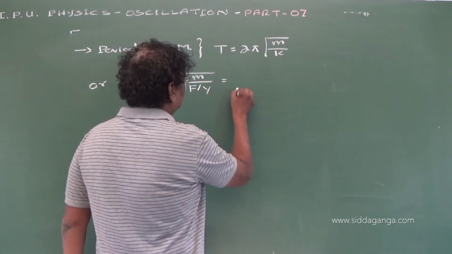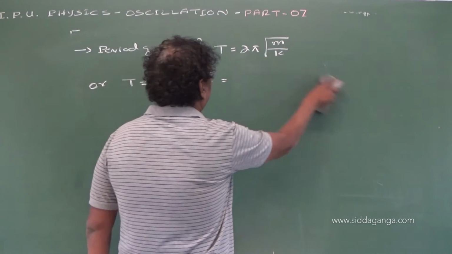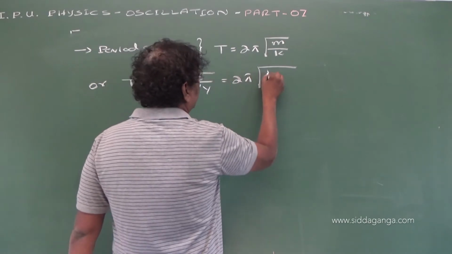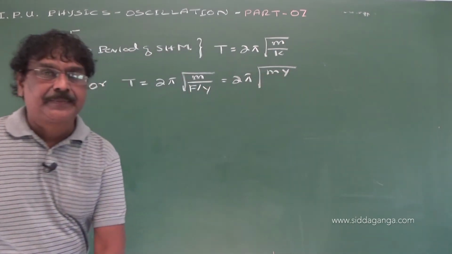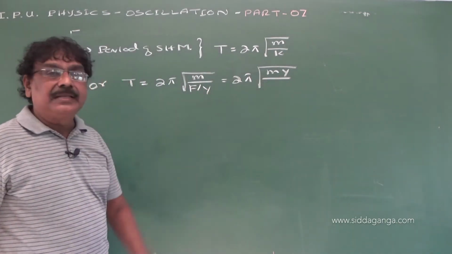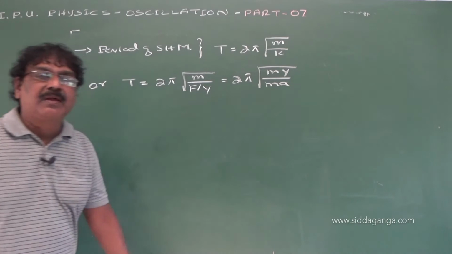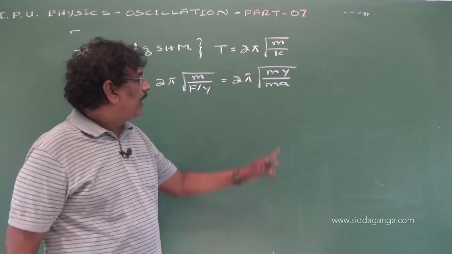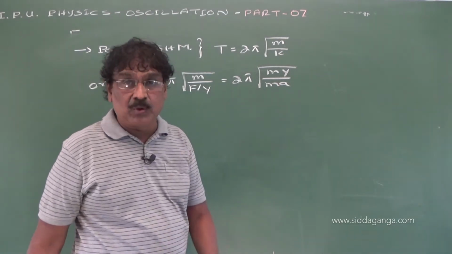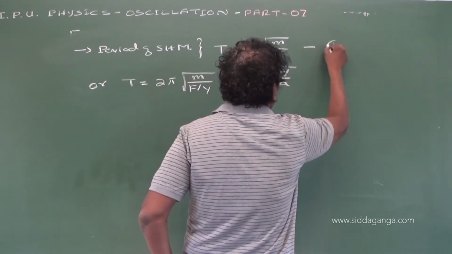This is equal to 2π times the square root of, this y goes to the numerator, m y by F. Here F is equal to ma according to Newton's second law of motion, where a is the acceleration of the body executing simple harmonic motion. So here the m's get cancelled. I will take it as equation 1.